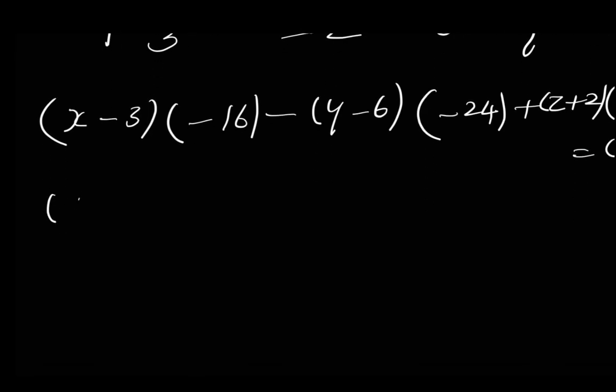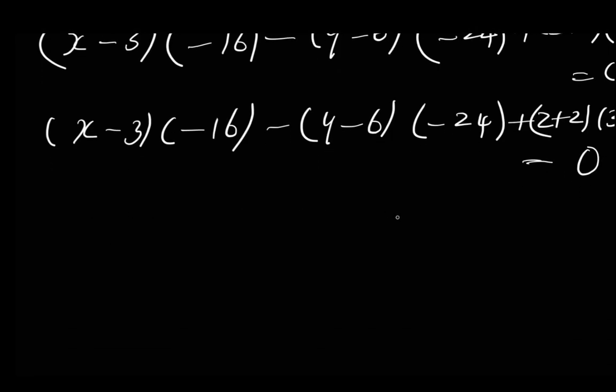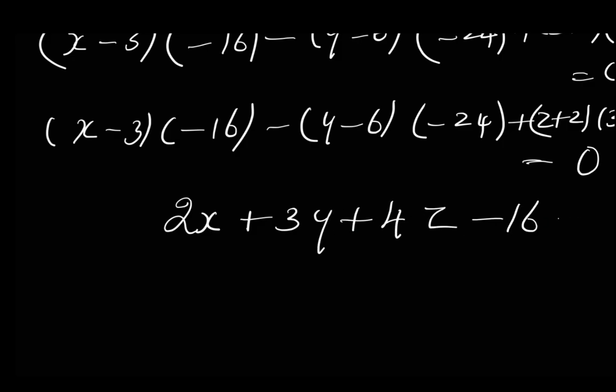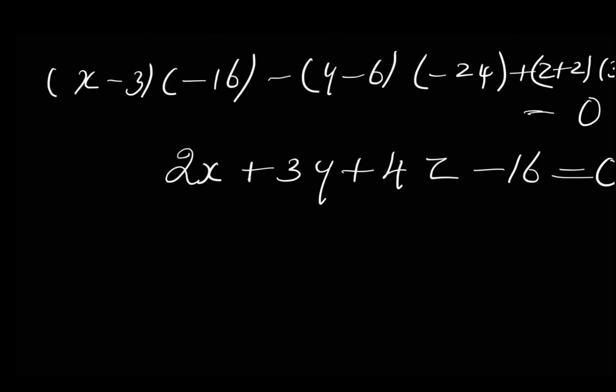So (x minus 3) into minus 16 minus (y minus 6) into minus 24 plus (z plus 2) into 32 is equal to 0. You can do the calculation. After this calculation, you will get the equation 2x plus 3y plus 4z minus 16 equal to 0. This is the Cartesian equation of a plane.